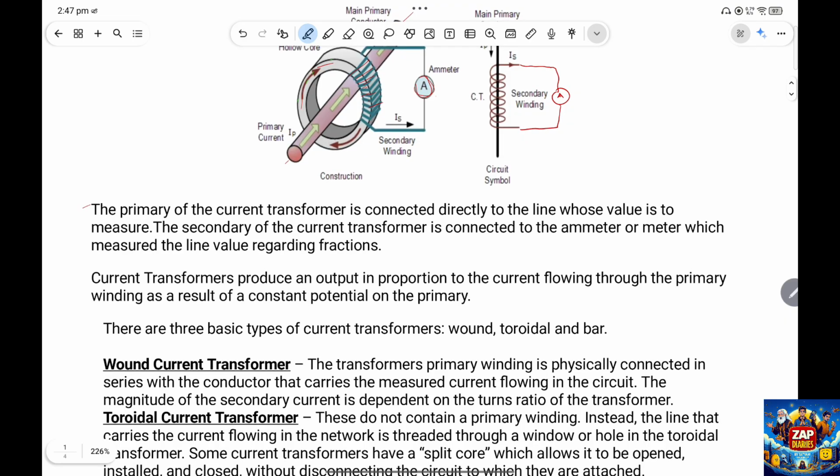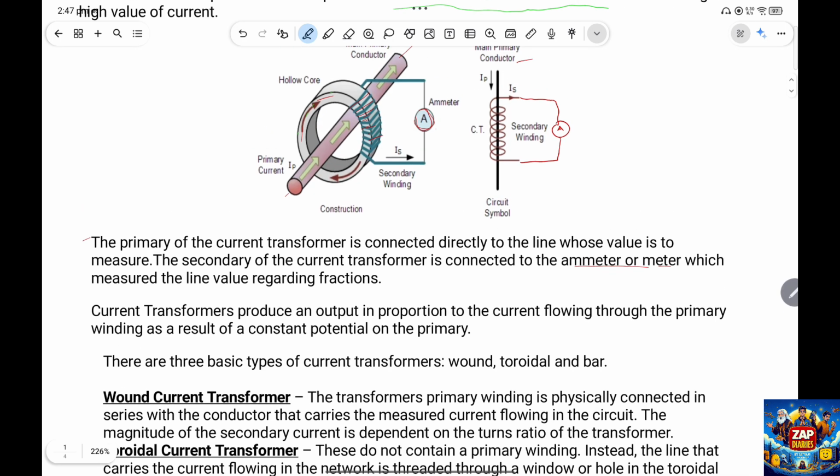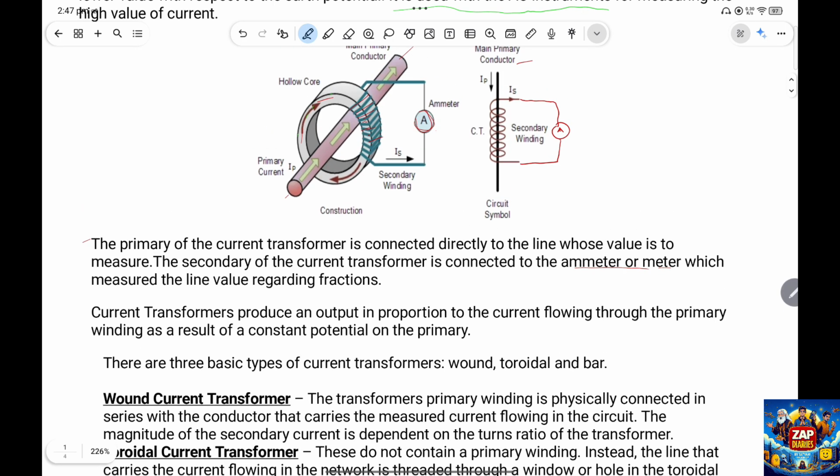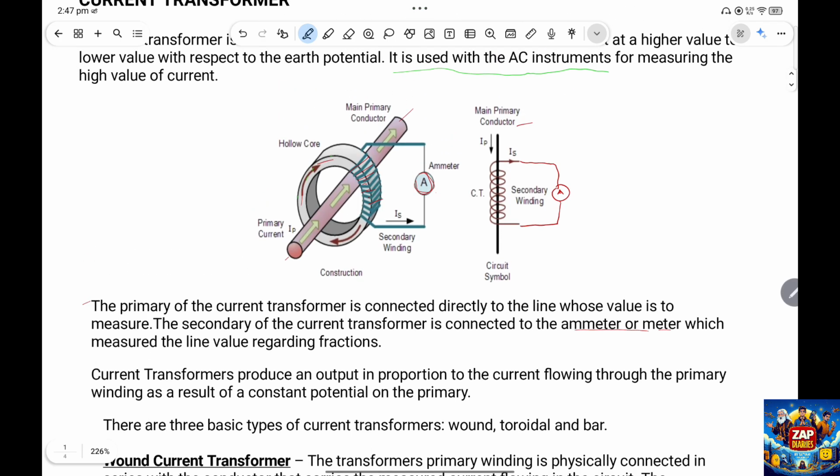The secondary of the CT is connected to the ammeter or a meter which measures the line value. The purpose of a CT is to measure the current.